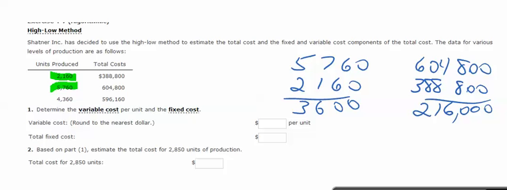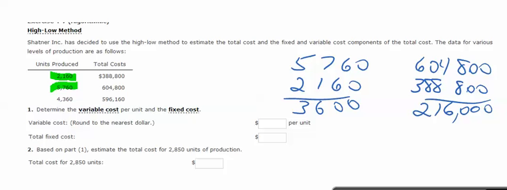Let's keep in mind the two basic functions we've heard about this chapter. Fixed costs remain the same, so fixed costs would have nothing to do with that increased cost. Therefore, it has to be all variable costs. I can determine the variable cost per unit, which remains consistently the same for each unit, by simple division.